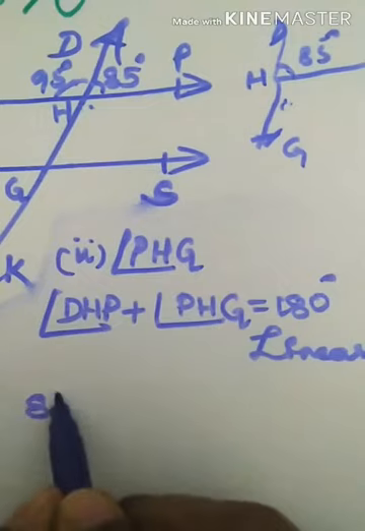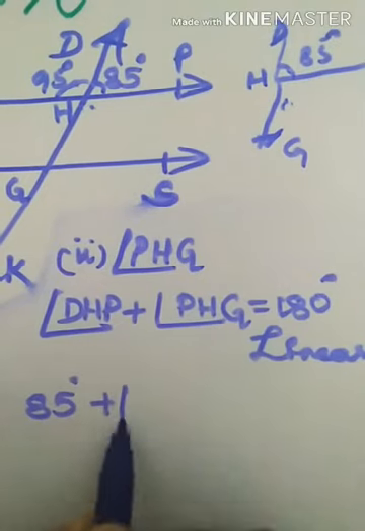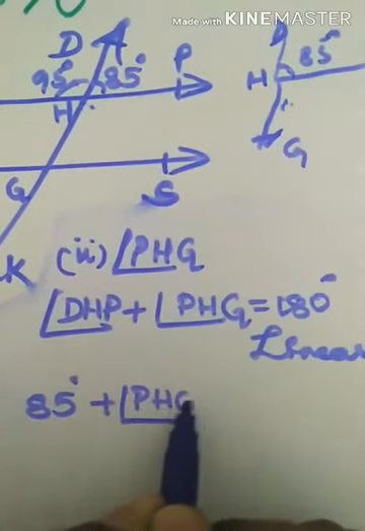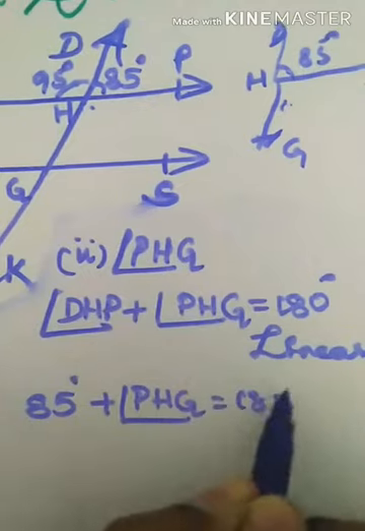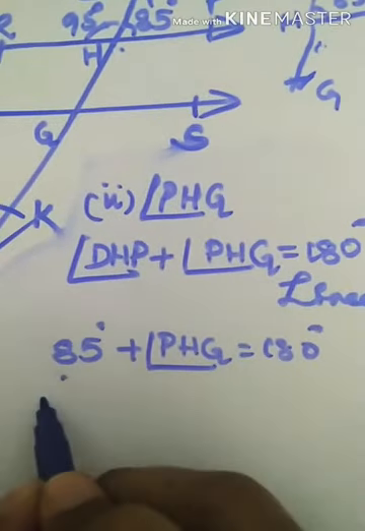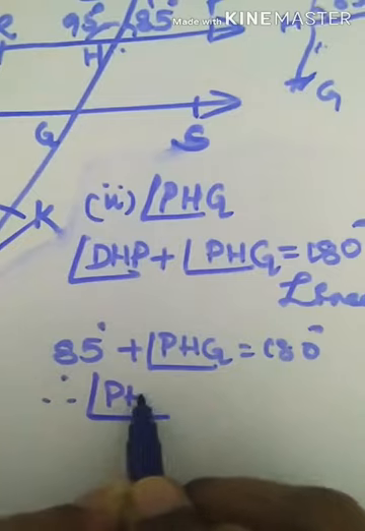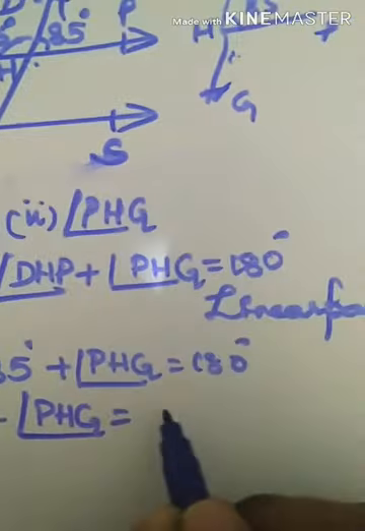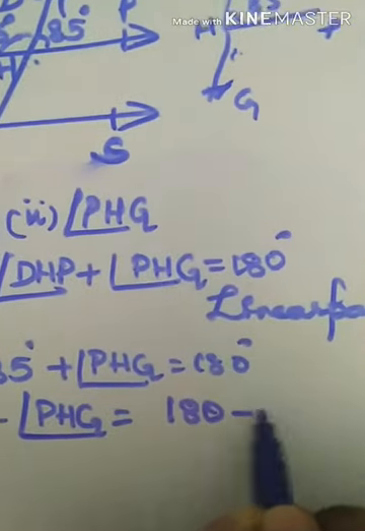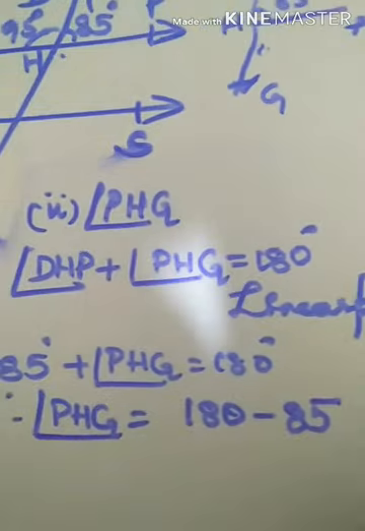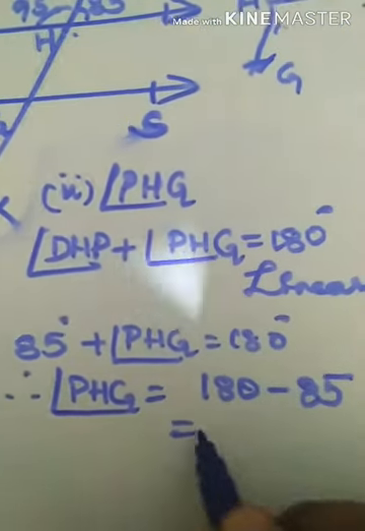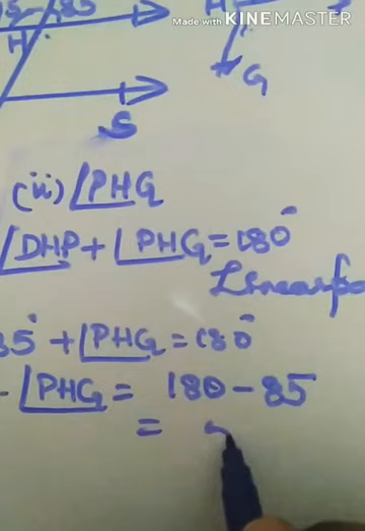DHP is 85 plus PHG, which we don't know, is equal to 180. So therefore PHG will be 180 minus 85, which is equal to 10 minus 5, 5.